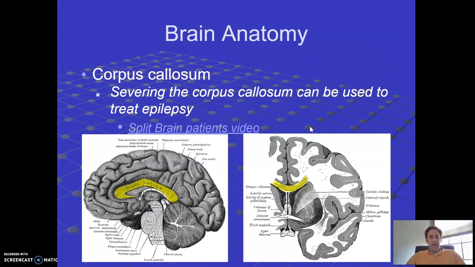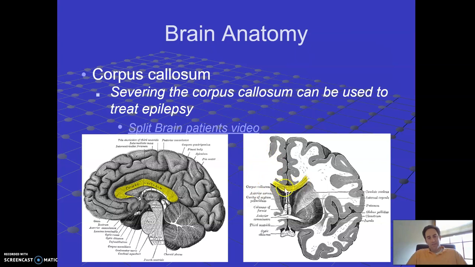Now, interestingly, epilepsy is a condition where you get uncontrollable seizures. What they found is that seizures are simply out of control electrical activity. And sometimes when that electrical activity crosses the corpus callosum, it amplifies.